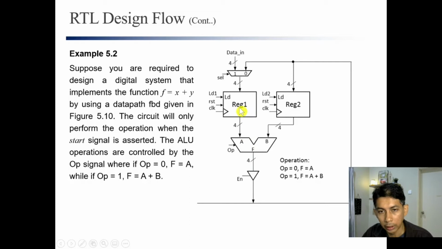x should be in one register, and y in another register, so that we can add. And the result is stored in either register 1 or register 2, depending on what we want. In this case, it is not specified where to store the result, so we can choose either one.